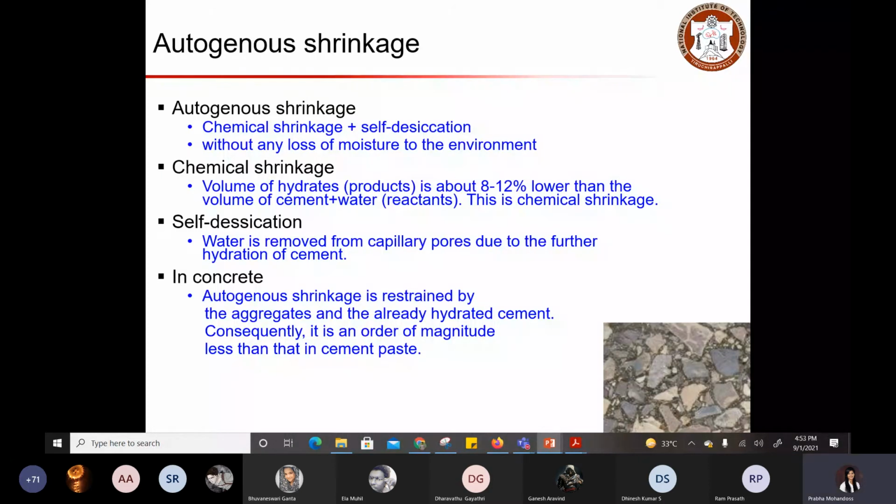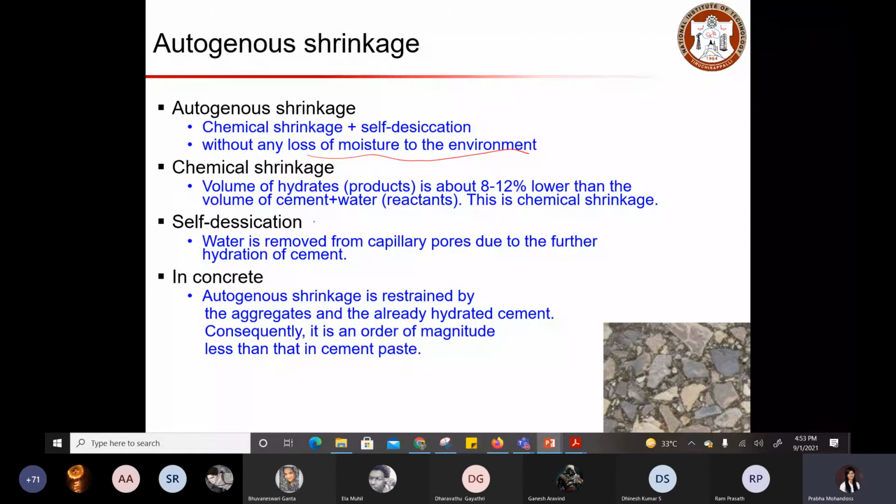And the autogenous shrinkage is occurring based on the chemical reaction inside and the self-desiccation. In this type of shrinkage, you will not observe any loss of moisture to the environment, but moisture is getting lost within the concrete system itself. So what is chemical shrinkage? This is basically due to the hydration process, hydration between your cement and water.